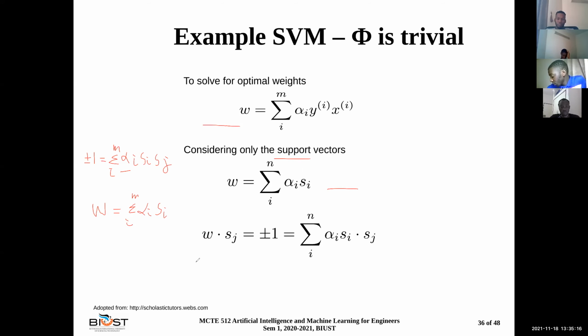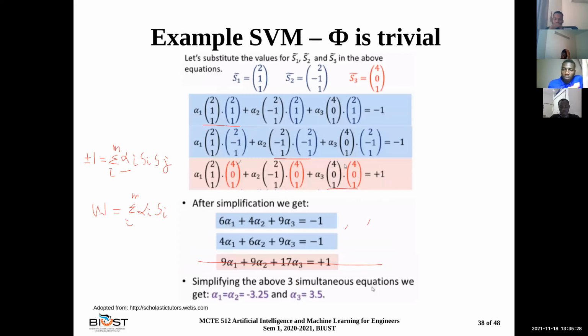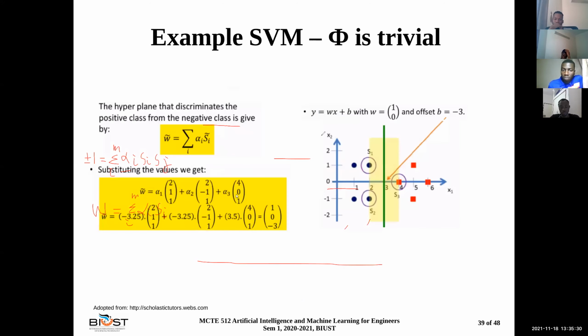So we make use of this equation first to compute for alpha I, given all the support vectors. And after that, we know the support vectors, we know the alpha already, then we can compute for W. Just substitute all those values of alpha I into the summation of alpha I times Si, then you get your W.